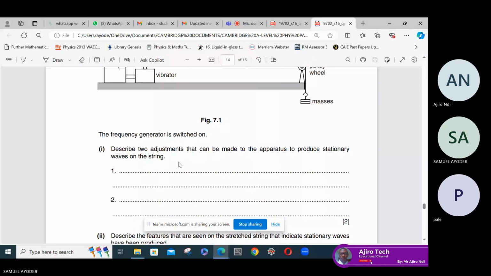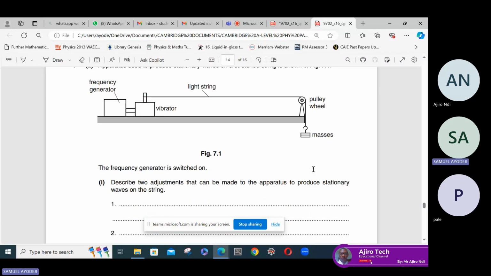If you have to produce stationary wave, there are a couple of things you can do here. Number one, you have to change the frequency from the frequency generator. You have to vary the frequency.